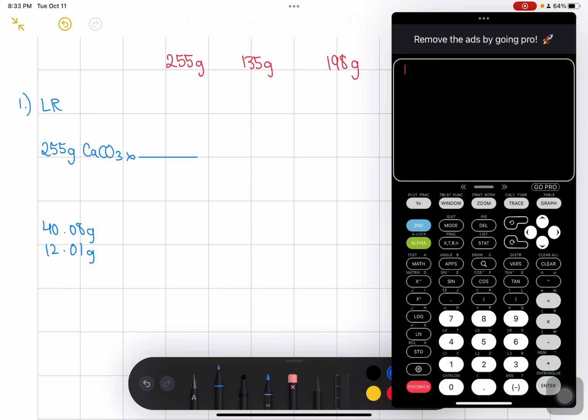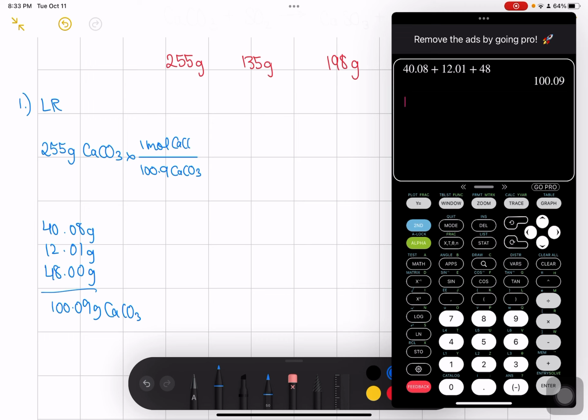And we have 3 O's, which is 48 grams. We're going to add those together: 40.08 plus 12.01 plus 48, we'll get 100.09 grams of CaCO3. So that's our molar mass, which is for 1 mole of CaCO3.